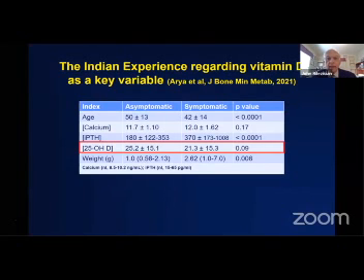Now, this again alludes to the work of the Indian experience, and I've noted this series before, but it was very interesting that the 25-hydroxyvitamin D level, while lower in the symptomatic group, you can see at 21 nanograms per ml, was only minimally lower than the asymptomatic group.